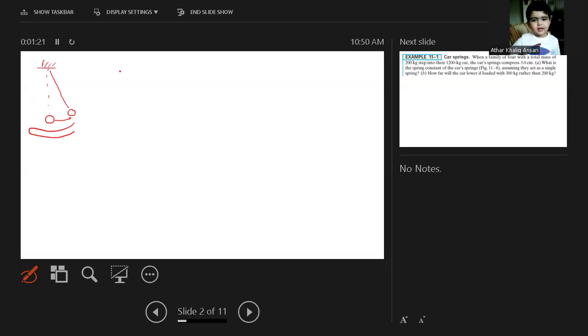Similarly, if you have a mass attached to a spring, this is initially the position of the spring. If you attach a mass, what will happen? This mass will extend the spring to some new position. When you attach this mass and release it, what will happen?